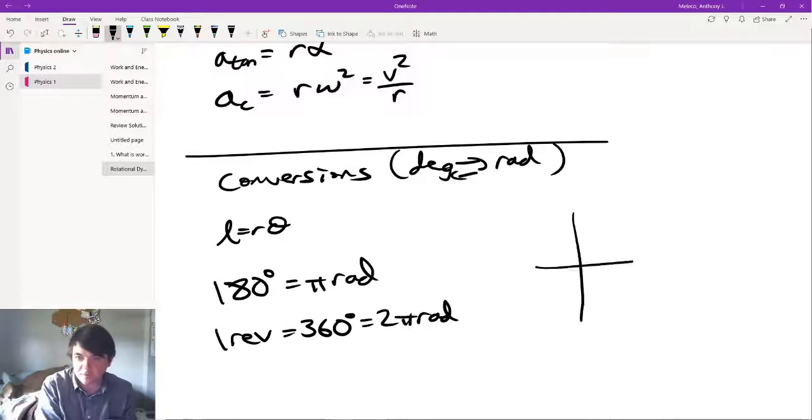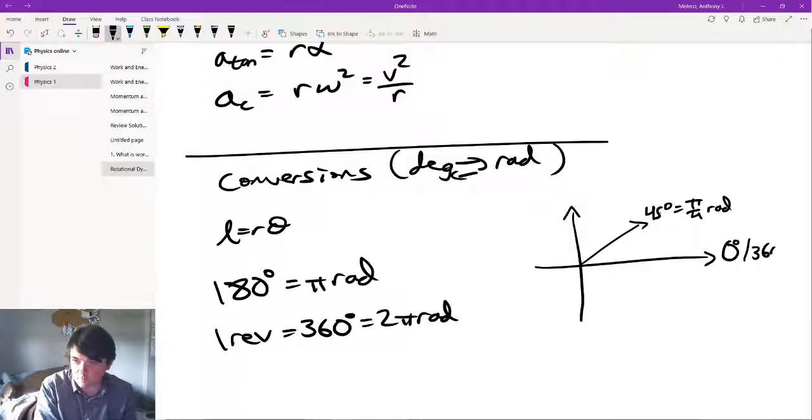We had this little chart that I briefly made. This was what we had.